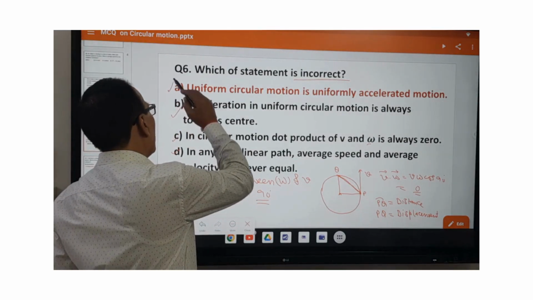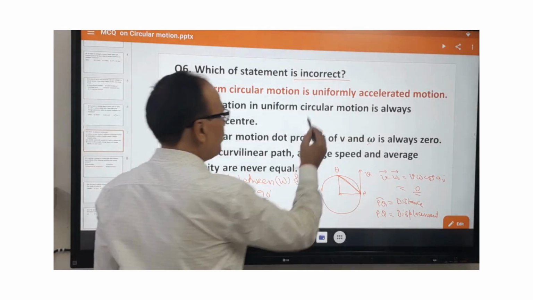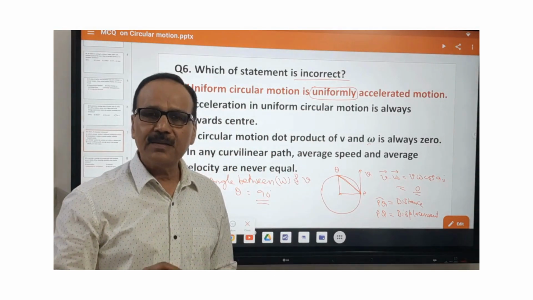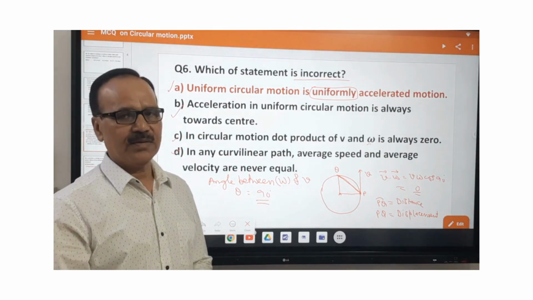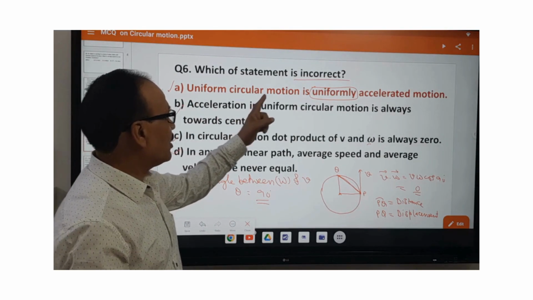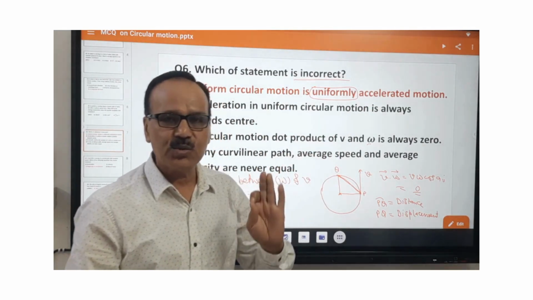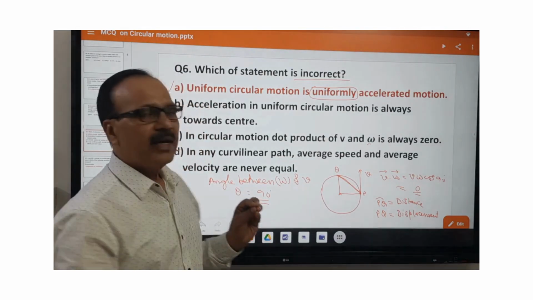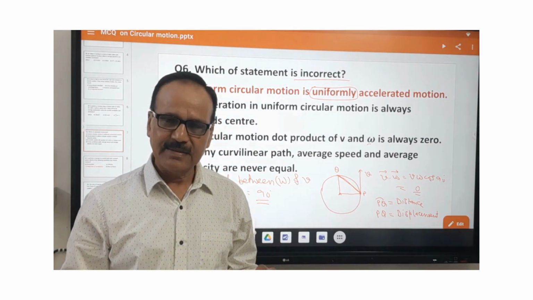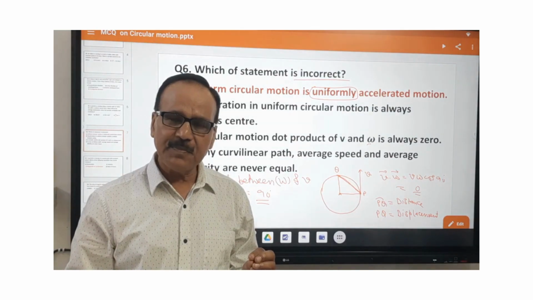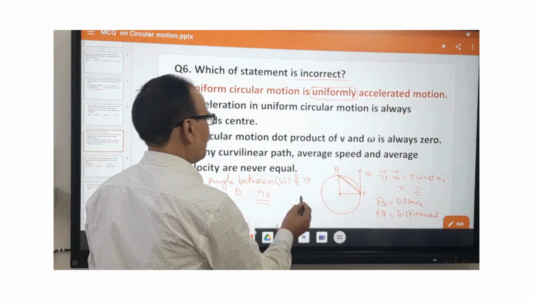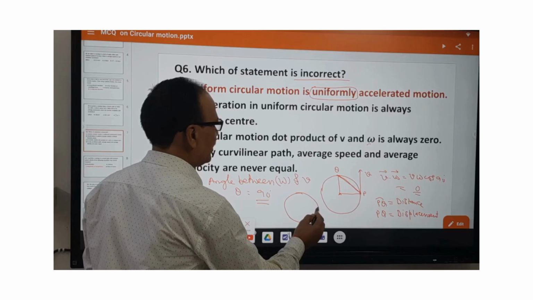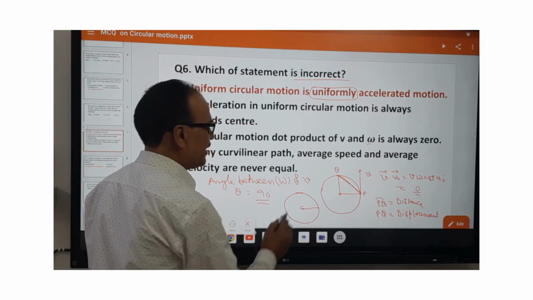Now, the first option: if we remove this word here, then statement A becomes true. Otherwise it is wrong, because uniform circular motion is accelerated motion, no doubt, because the direction of acceleration keeps on changing. The acceleration is centripetal acceleration. So when a particle performs uniform circular motion, it has only centripetal acceleration, which is directed toward the center.